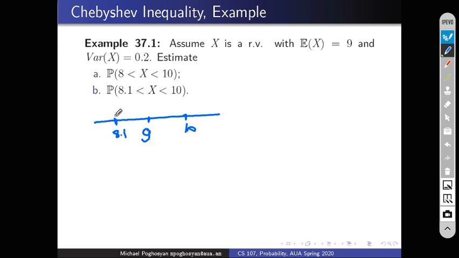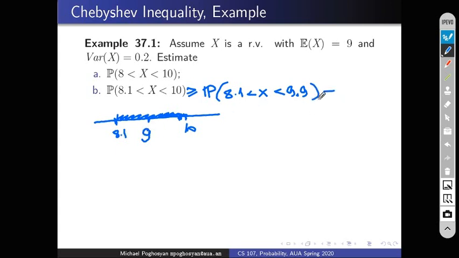I can write that the probability that x is here is larger or equal than the probability that x is in a symmetric interval around that 9. So I am making it from 8.1 to 9.9, the point symmetric to 8.1 around 9.